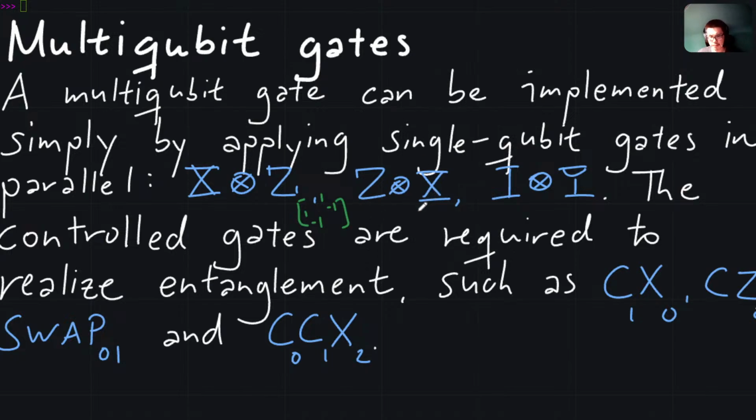Z and X together, now switching the places, the matrix would look different. It will now be 1, 1, then -1, -1. And IY would basically look like -i, i, -i, i.